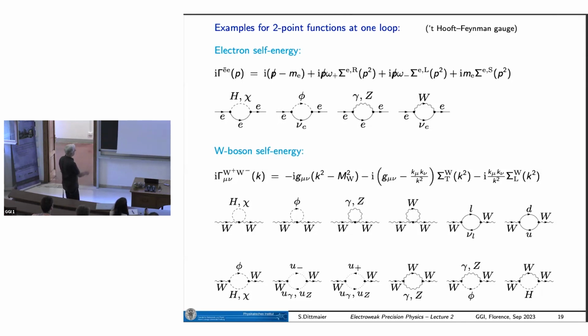Let's look into the W boson. We know the W boson field is carrying a Lorentz index. That means the Green function and also this two-point vertex function has two indices, mu, nu here. So it is a tensor of rank 2.